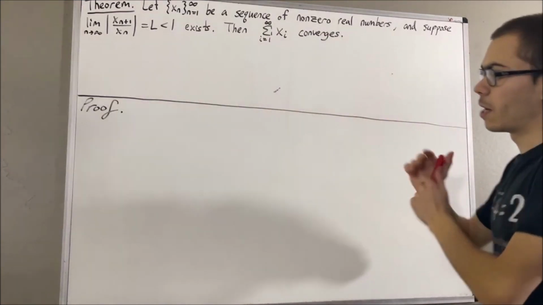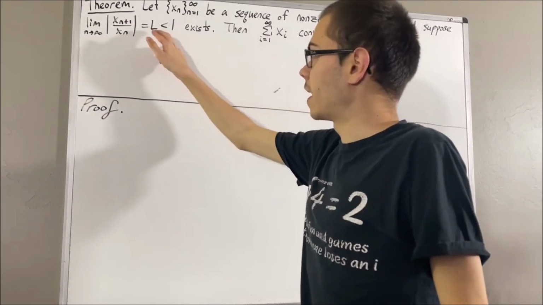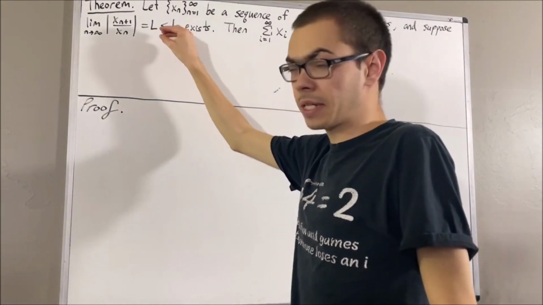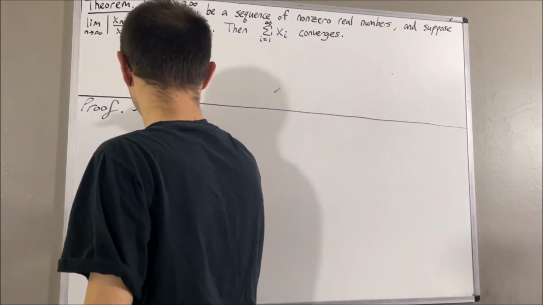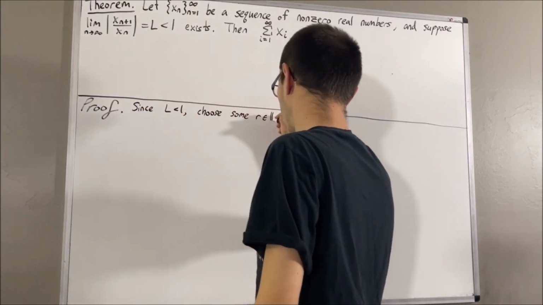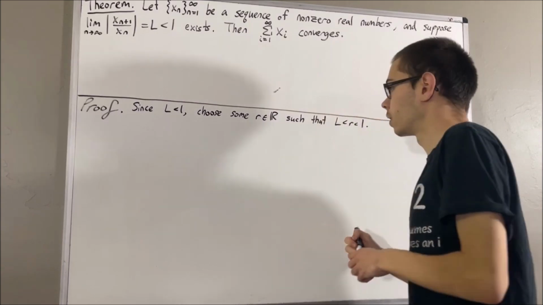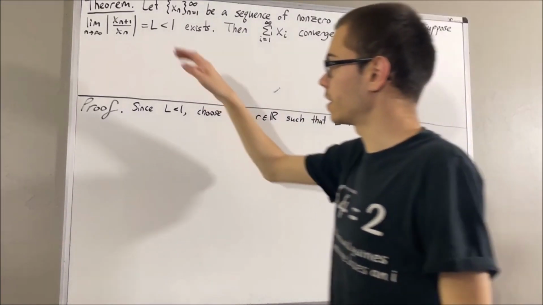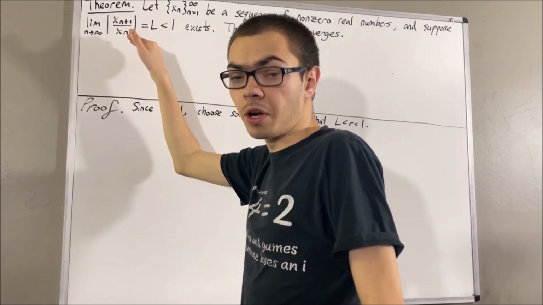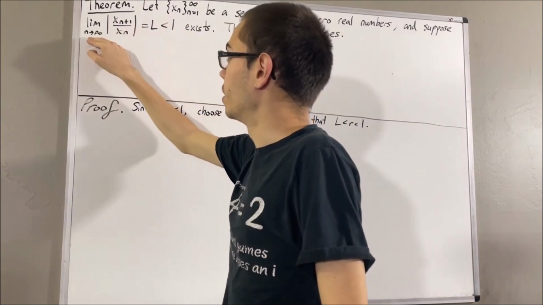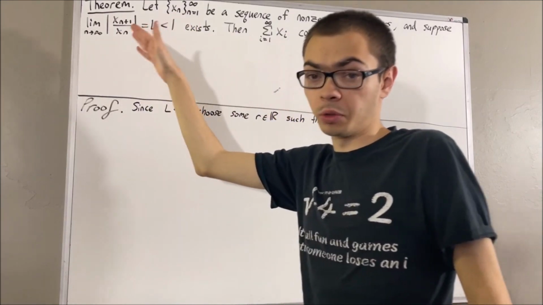Okay, now to start out the proof, since L is less than 1, we can pick some real number R between L and 1. Now, since every term in this sequence is greater than or equal to 0, well then, the limit of this sequence must be greater than or equal to 0, right?